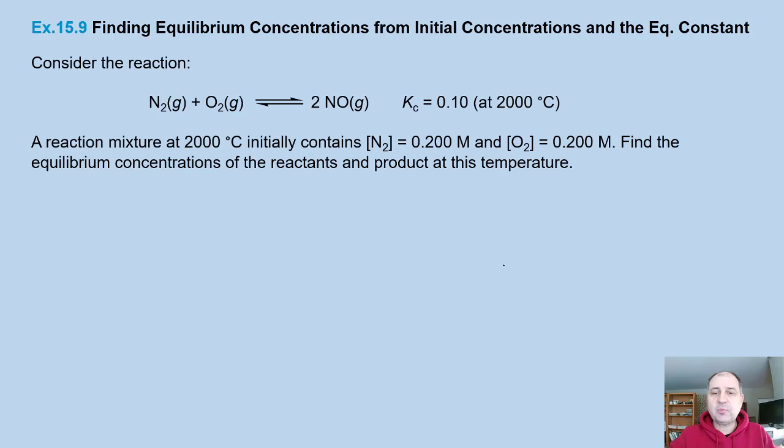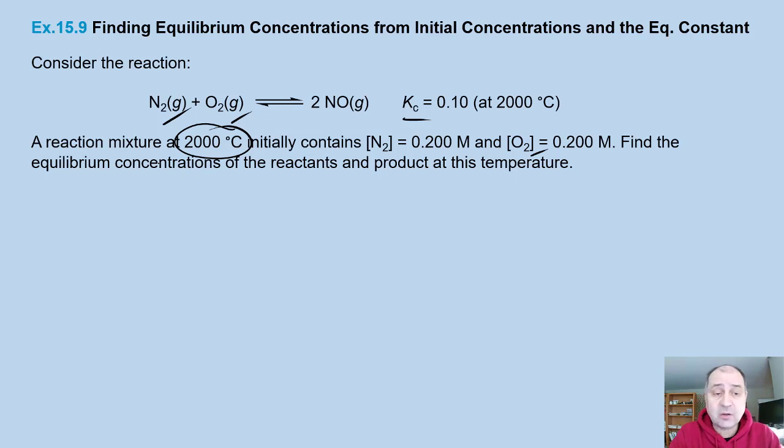Okay, so let's work this problem keeping the reaction quotient in mind. Now we're given Kc, and we're told that the initial concentration of N2, which is a reactant, and O2, which is a reactant, are 0.200 M. Find the equilibrium concentration of the reactants and the products at this temperature, meaning we keep this constant, that's important, or otherwise Kc changes.